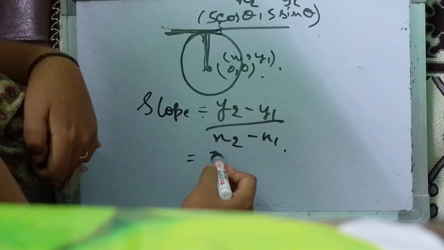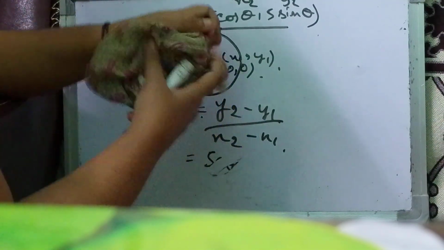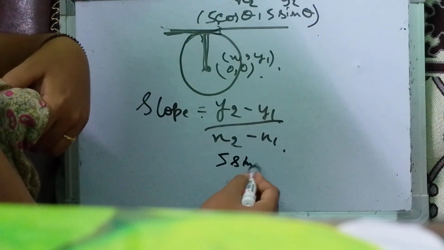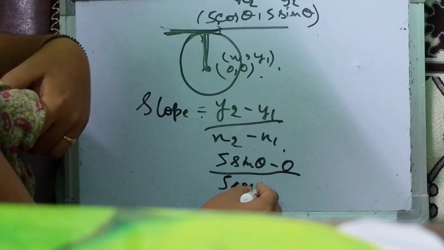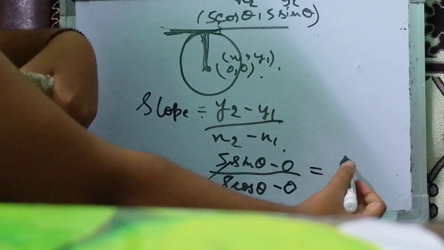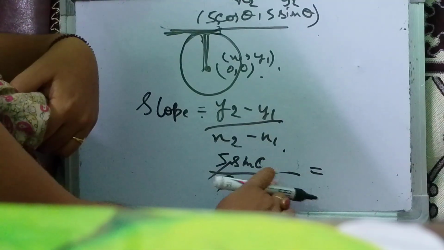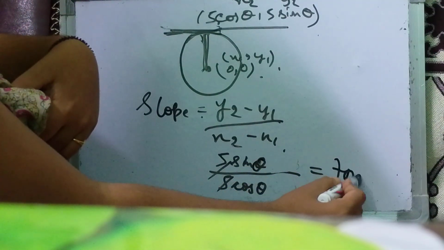So it comes as 5 sin theta minus 0 divided by 5 cos theta minus 0. So 5 cancels out and this becomes tan theta.